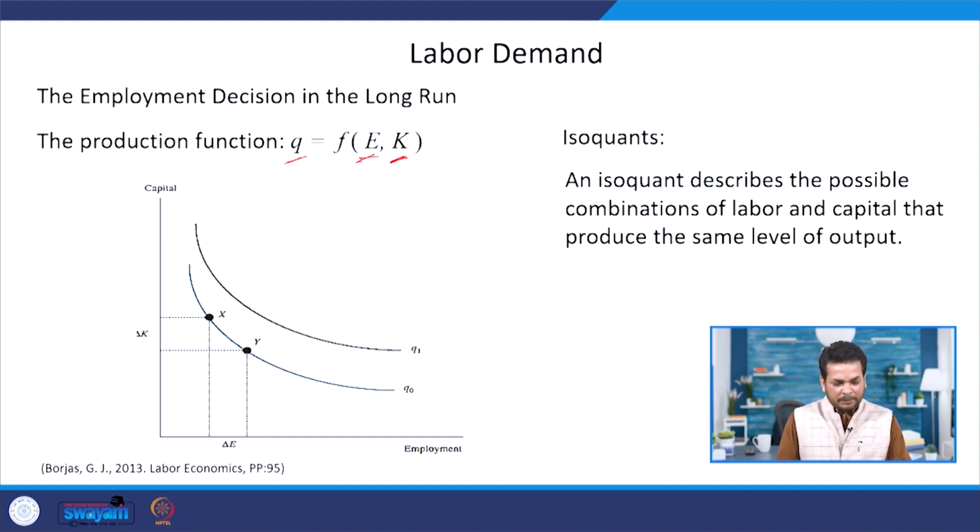So, let me explain through a graph. If the firm decides to produce Q0 amount of output, the firm has many combinations of labor and capital to produce this level of output.